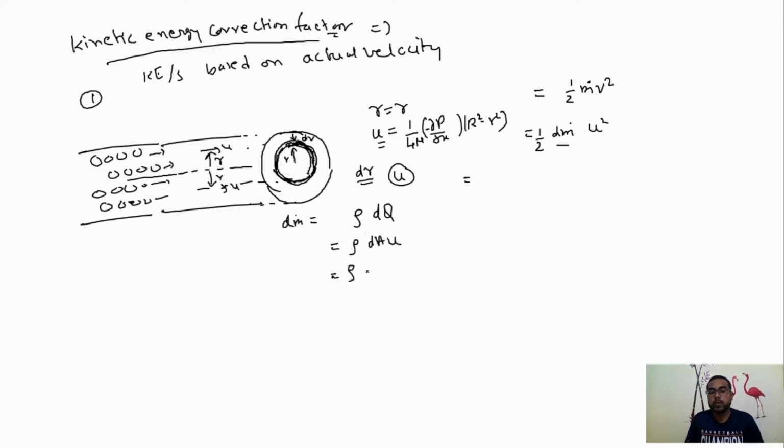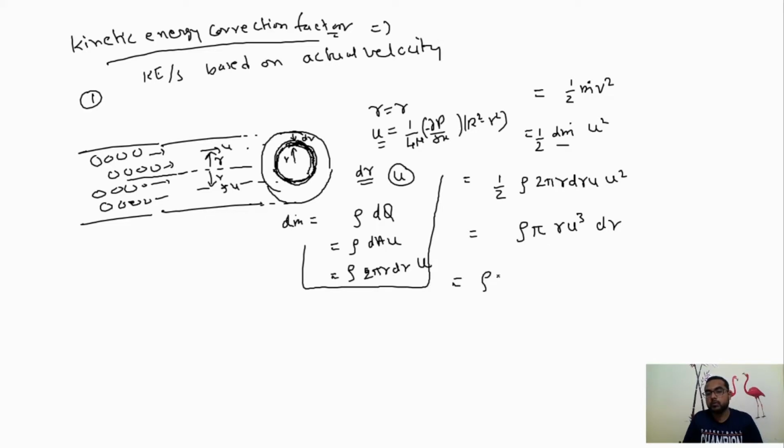So rho into dA is 2 pi r dr into u. So half rho 2 pi r dr u into u square. The term comes out to be rho pi r cubed dr.